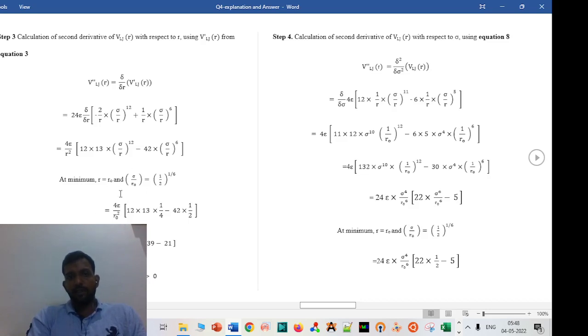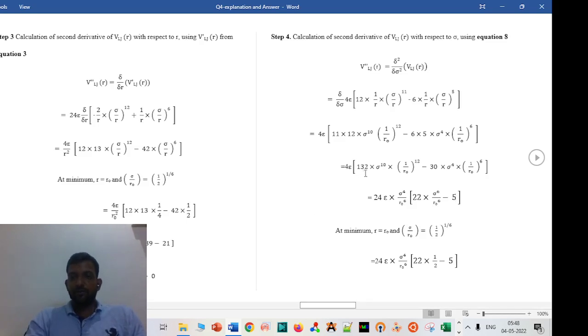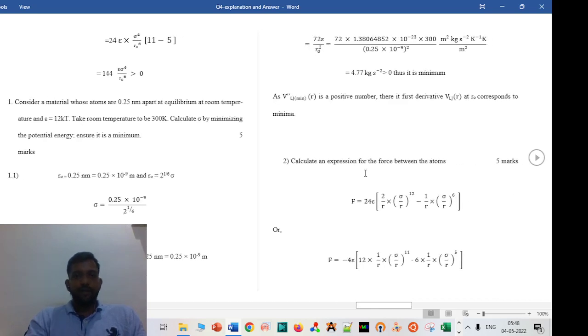If you put in the value of r in terms of sigma, you get a very nice relation, around 72 epsilon over r0 squared, which is positive. If it is positive, then it definitely represents a minimum. Similarly, if you do it with sigma, you again get a positive term.